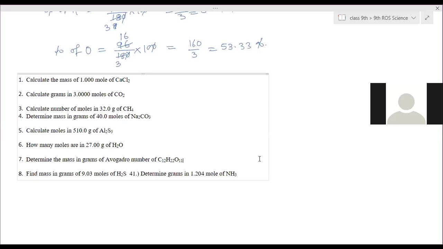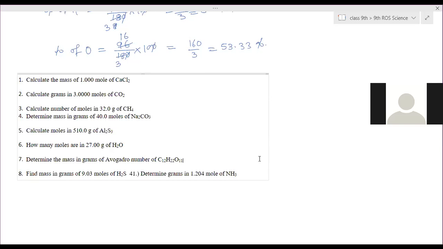Ma'am, how to do the seventh one? Avogadro's number of particles, 6.022 into 10 to the power 23. How many moles are there? 1.